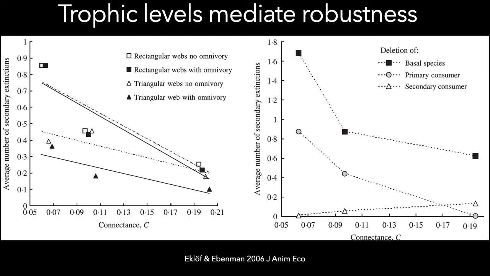Indeed, losing secondary consumers like top predators is not going to have any significant impact on food web robustness, in particular as compared to losing primary producers.